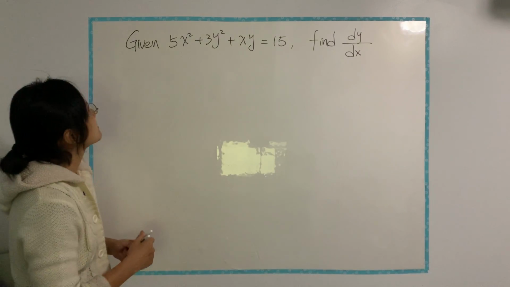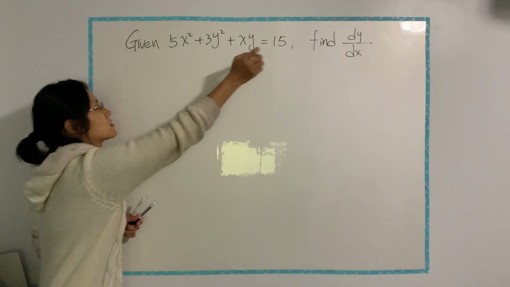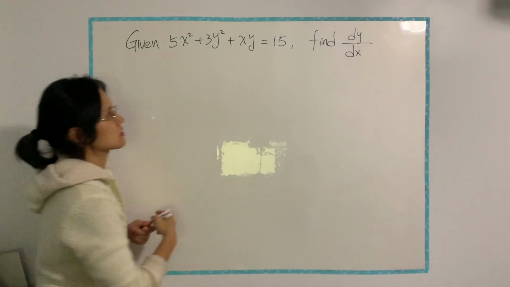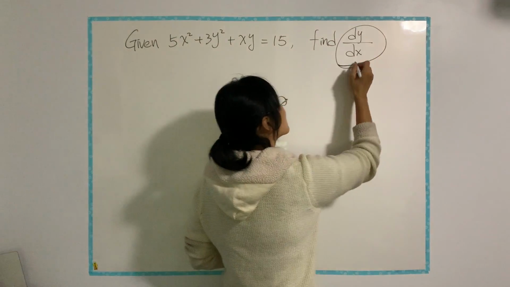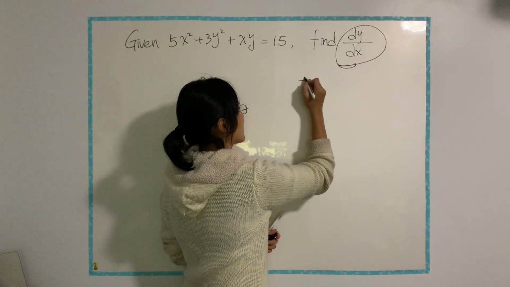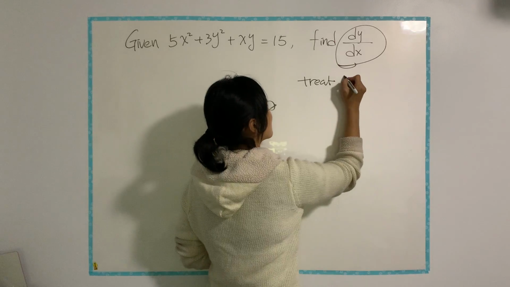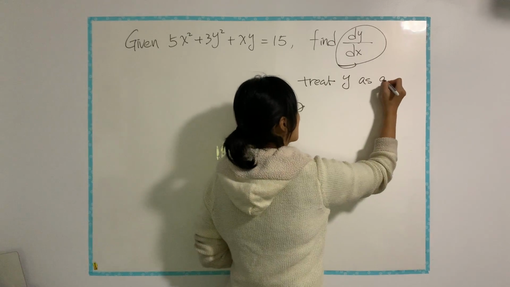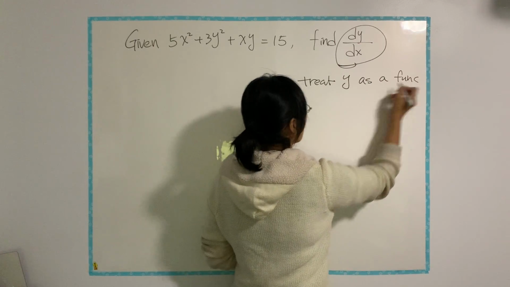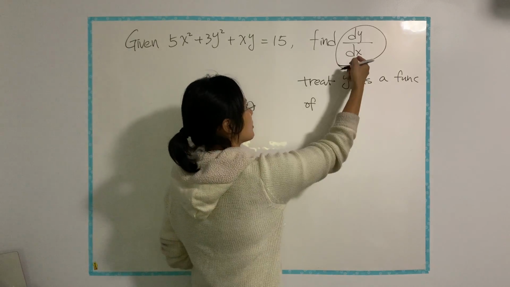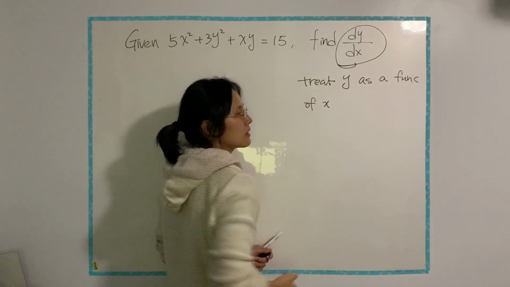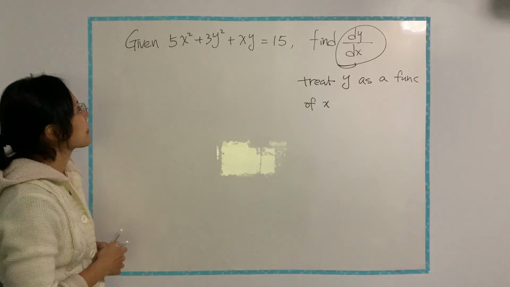Let's do one more problem. Given an equation like this, I want to find dy/dx. When you see this notation, it tells you you're going to treat the variable on the top as a function of the variable on the bottom. Okay?